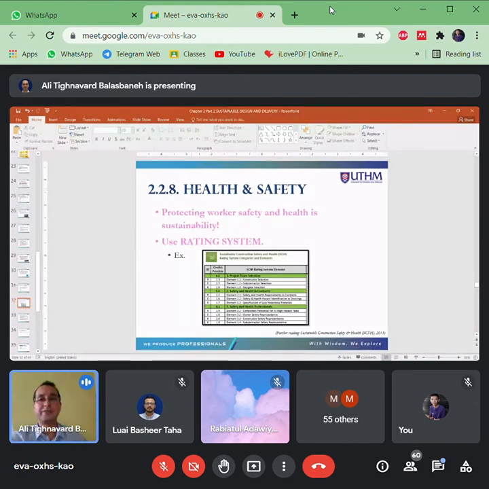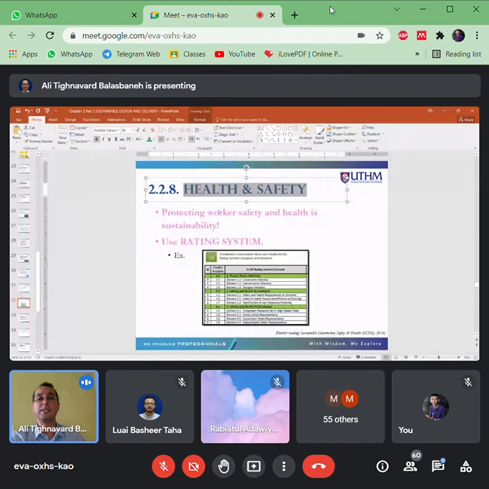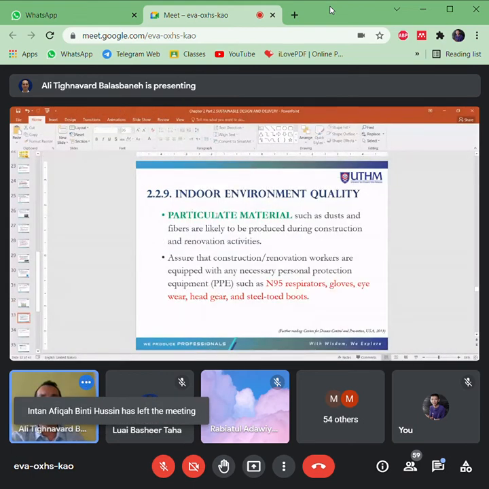Okay, health and safety, we already discussed it. This is related mostly to the social life cycle. As you can see, everything in sustainability looks like a chain connected to each other. Now we talk about indoor environment quality.